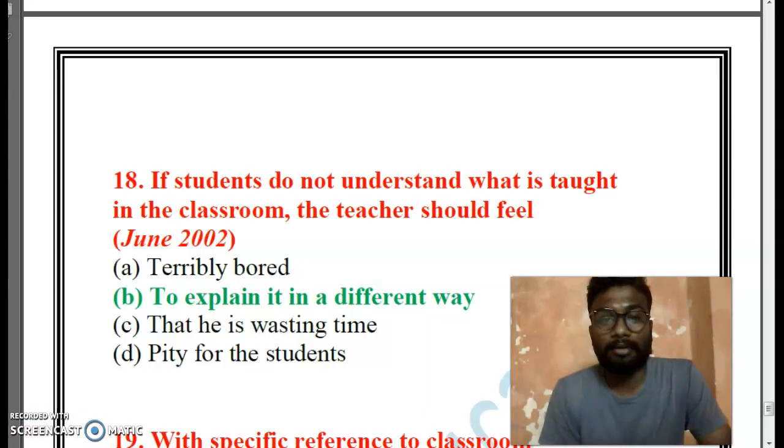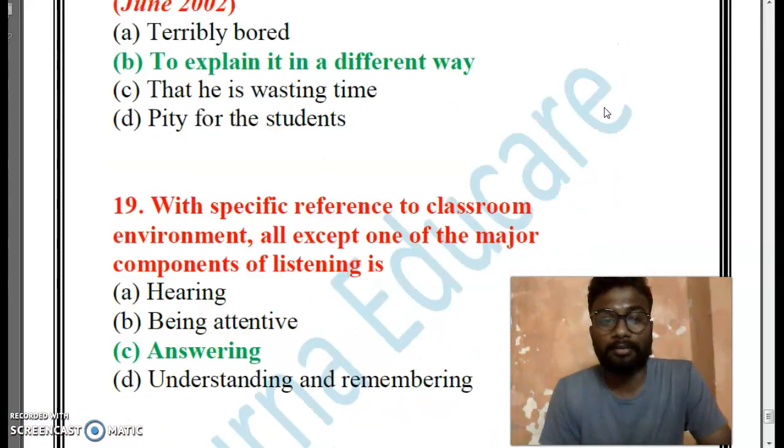Now going forward to the next question. With specific reference to the classroom environment, all except one are major components of listening. What are the major components of listening? Is there any difference between hearing and listening? Yes. Hearing is a physical activity, but listening is a mental activity. Why? Because in order to hear, the ear is enough.